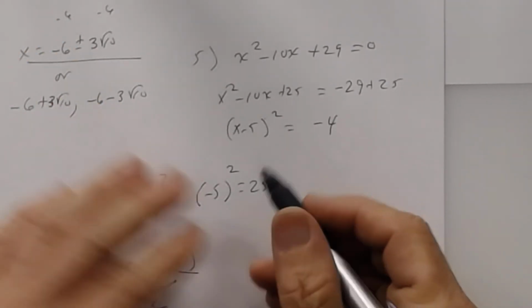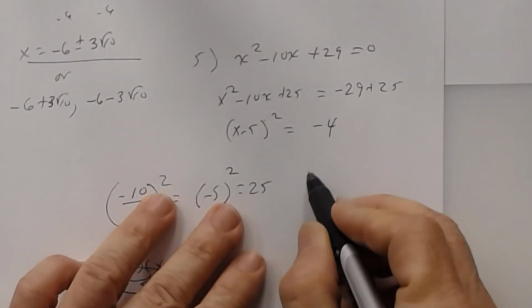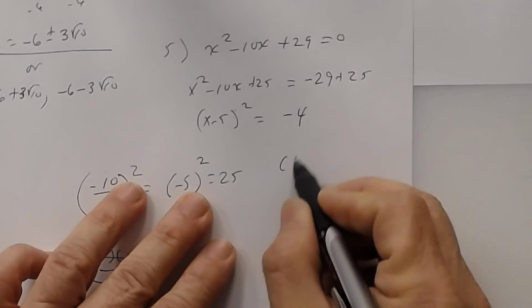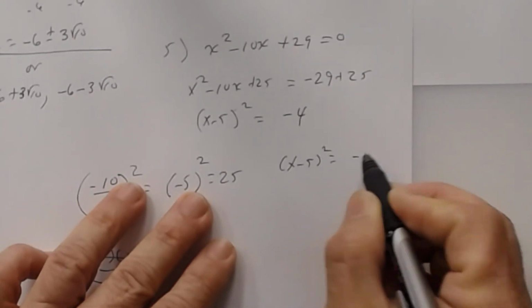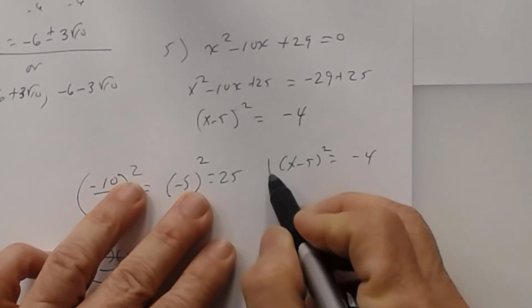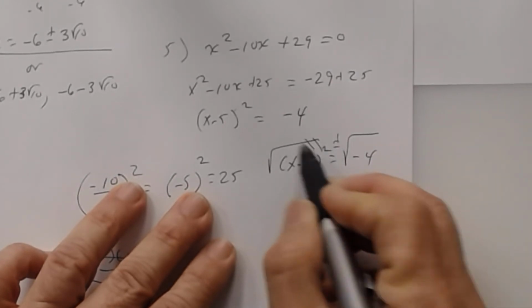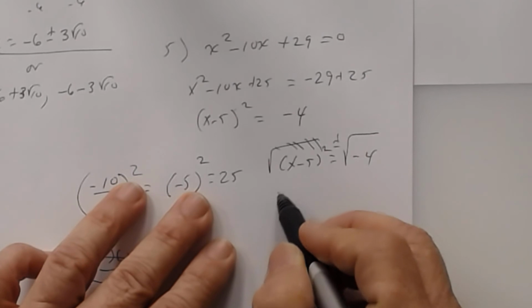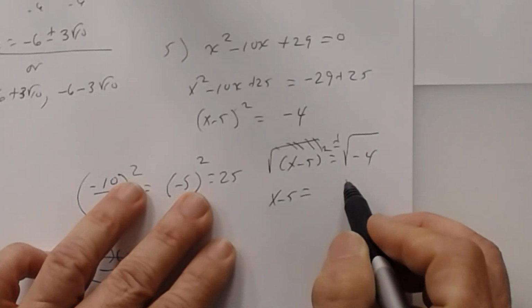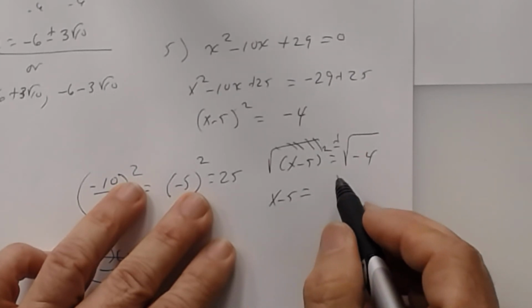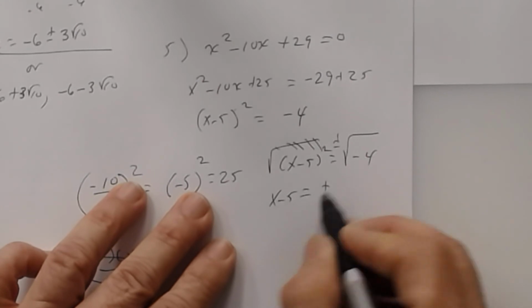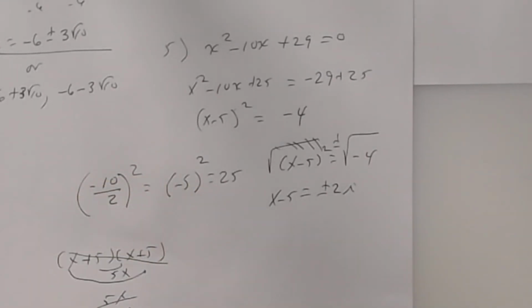All right, but you do the same thing. I'm going to have to rewrite this here. Okay, what do I do to both sides? Square root, plus or minus. Okay, what expression is left on the left? All right, what is the expression on the right? Plus or minus. Very good. And all you do now is just, and you're done.